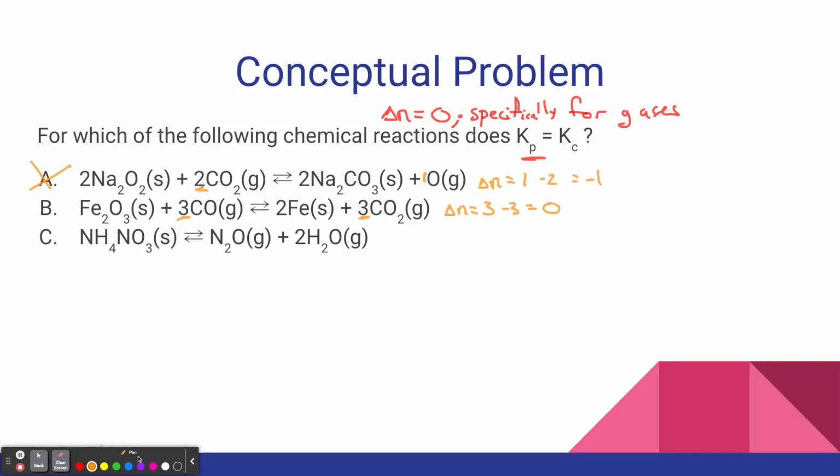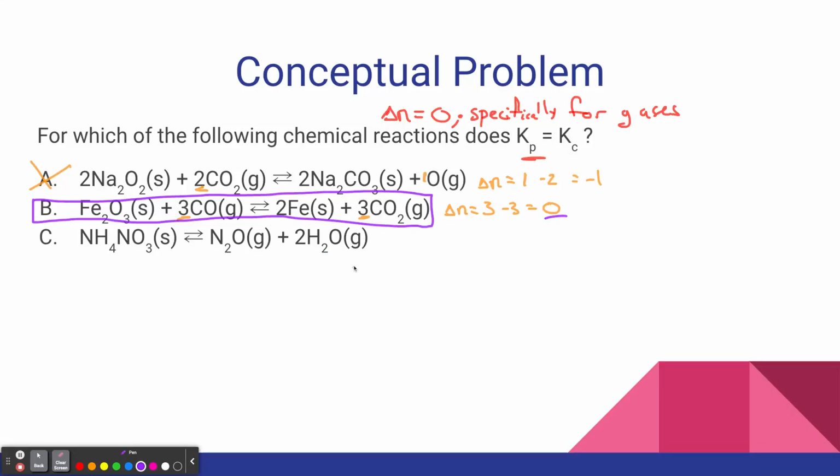Guys, you'll notice that I'm only looking at my gases, again, because we're looking at this in terms of Kp. Not to mention, we go back to this idea that the solids in these equilibriums will not have any effect on the equilibrium constant. So I'm not even including the solids in these heterogeneous equilibriums. So delta n came out to be 0. That's why you saw me box off B to be the correct answer.